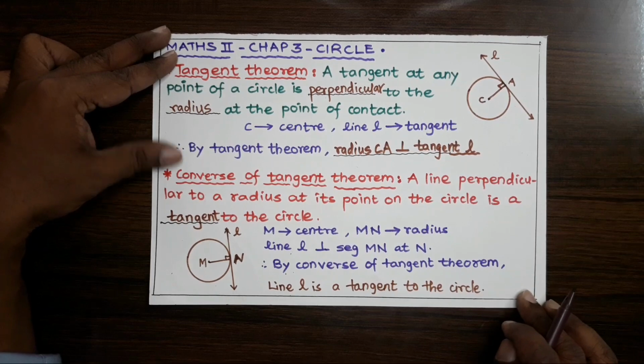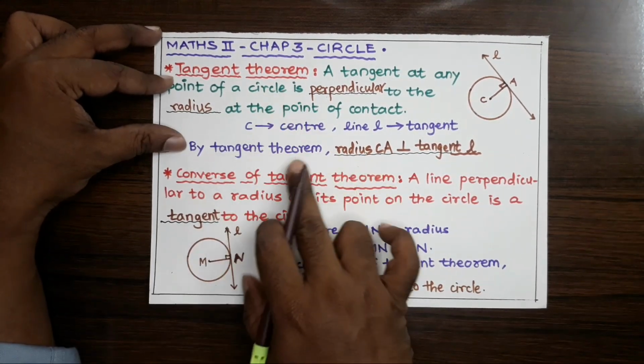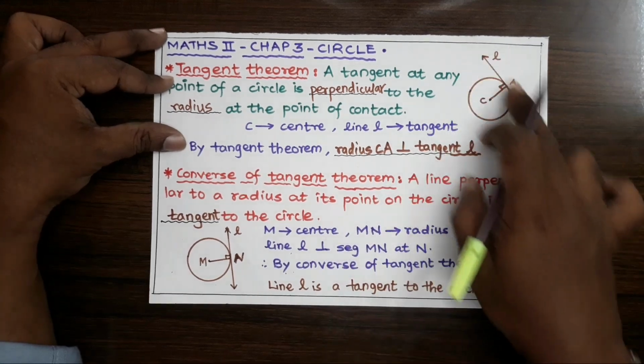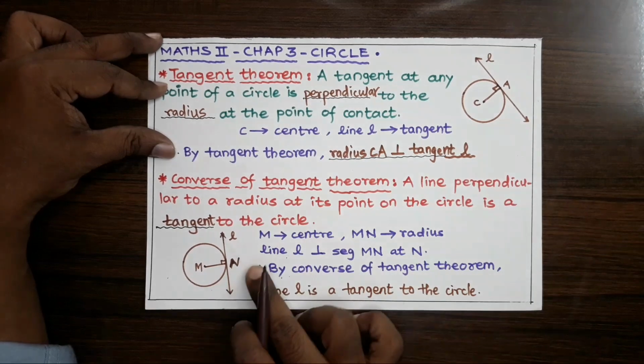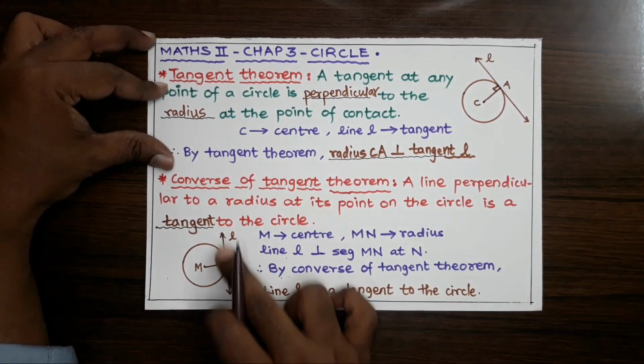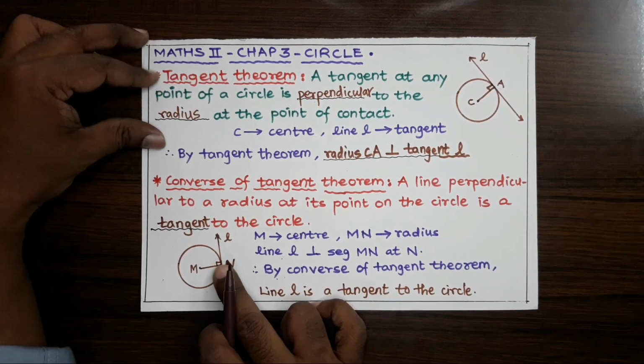So friends, once again we revise these two theorems. The tangent theorem states that the radius is perpendicular to the tangent at the point of contact, and its converse states that if a line is perpendicular to the radius, then it is nothing but its tangent.